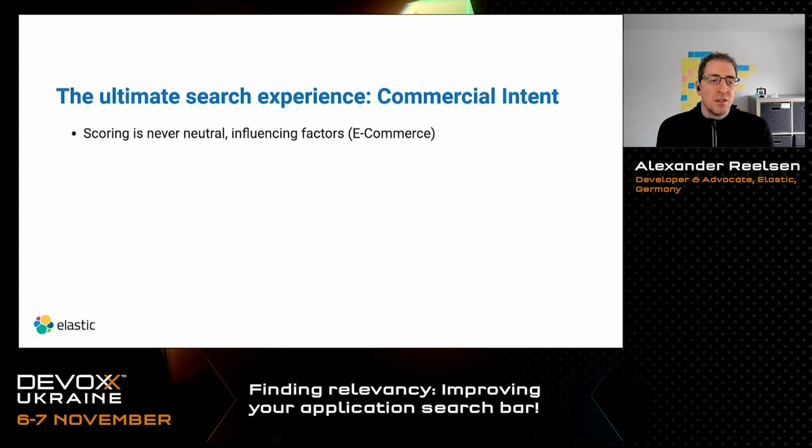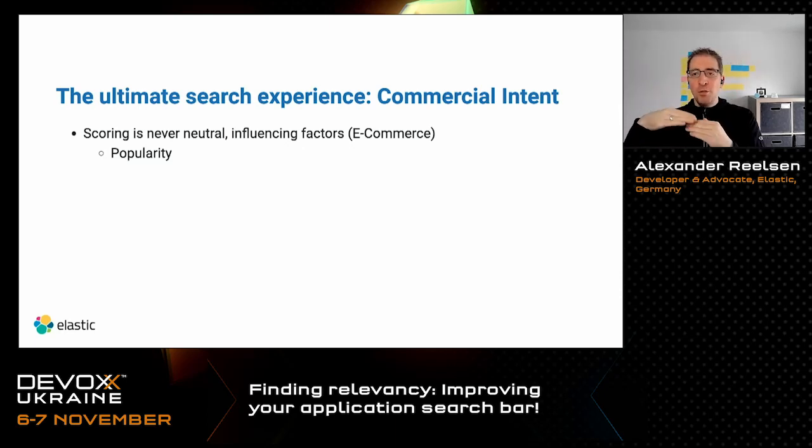So the first thing is the scoring and the ranking of the product that you just saw. It's never neutral. There are a ton of influencing factors in an e-commerce search. For example, the popularity. If you know that a product is really popular, gets bought a lot, you may want to score it higher. That always comes with a price in e-commerce search, and one of the big prices is that the winner takes it all.